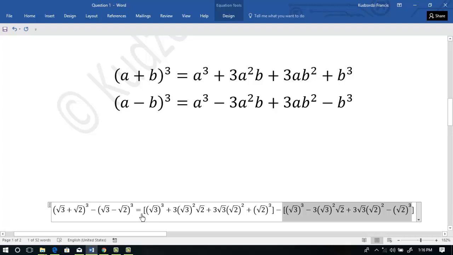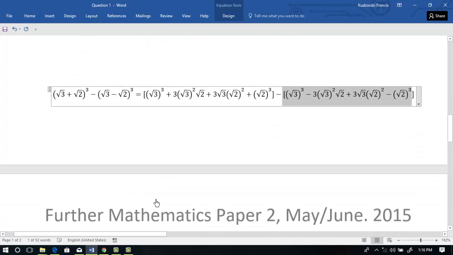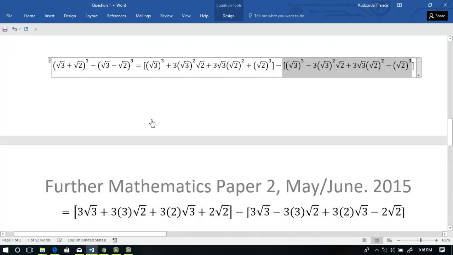Now the next thing is to simplify. So we know that root 3 cubed is root 3 times root 3 times root 3, and that will give us 3 root 3. Then the square will cancel the root to give us 3 over here. This one will give us 2 over here. So the same thing is repeating over here.